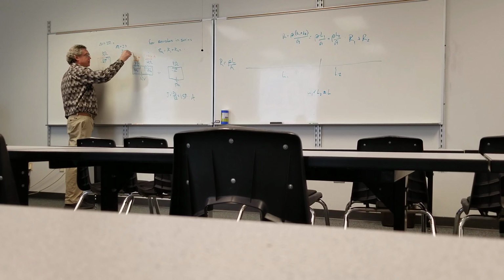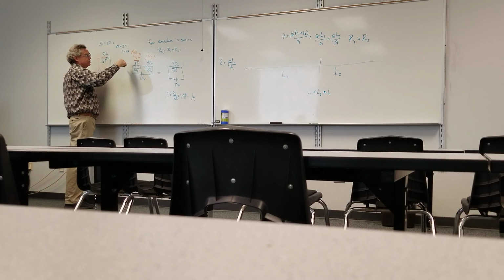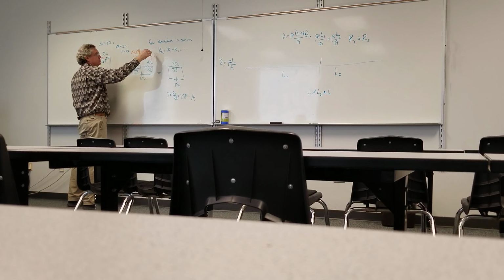So my potential drop here, or the voltage going to the right, is going to be 36/7 volts. And going across here, negative going in that direction. And the potential drop across here, going to the right, will be negative 48/7.